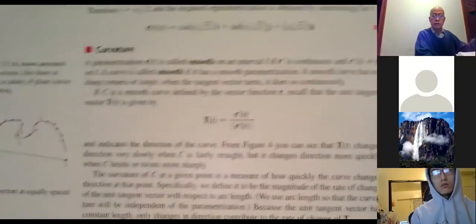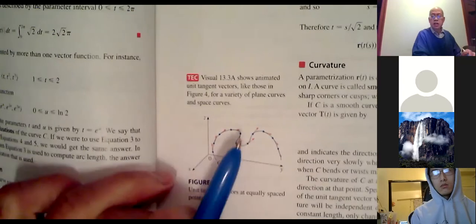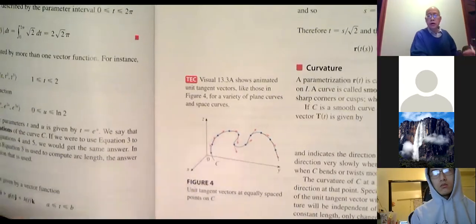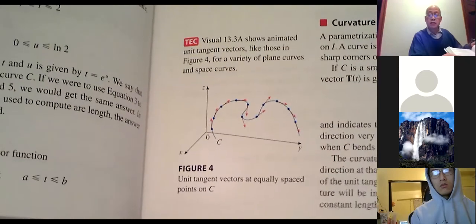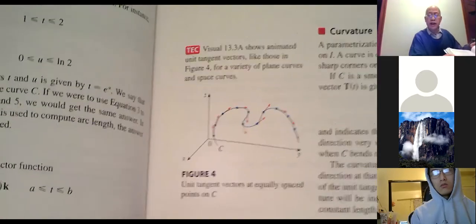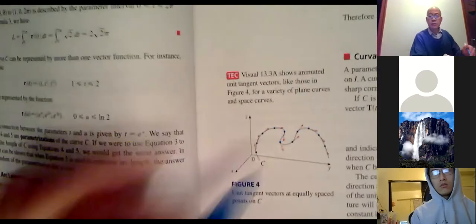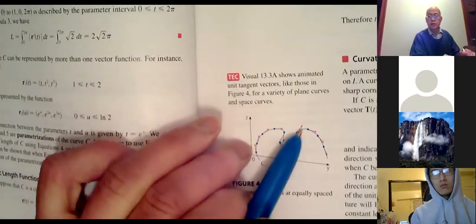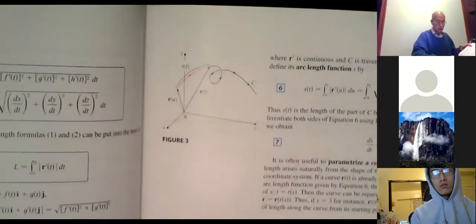The unit tangent vector is r prime divided by its norm, T of t. All these things in red are unit tangent vectors. So how does a unit tangent vector change as I move along the curve? It might be quite an abrupt change. If it's a line, there's no change at all.